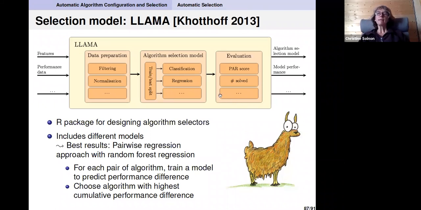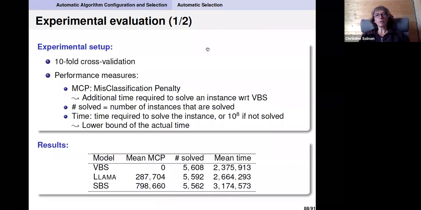So I think it's a good idea to have a look at Llama when you have developed several algorithms, and you want to see if you could obtain better results by combining these algorithms simply by selecting the best one for each instance.